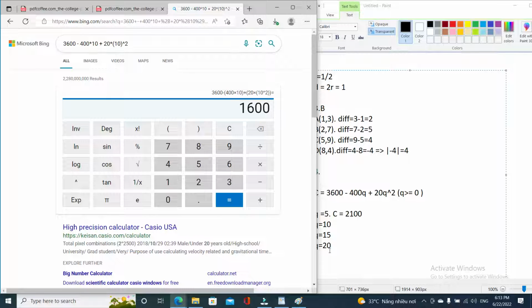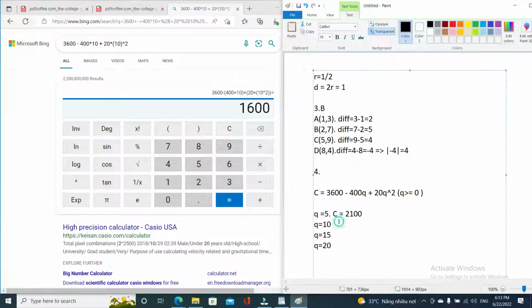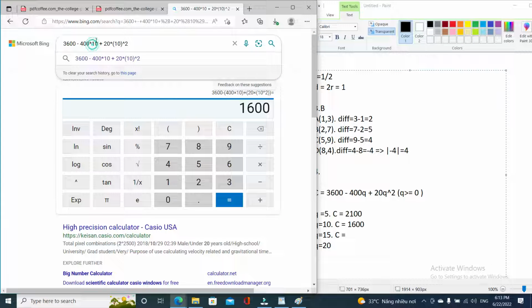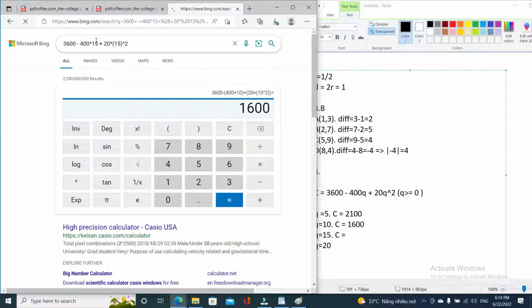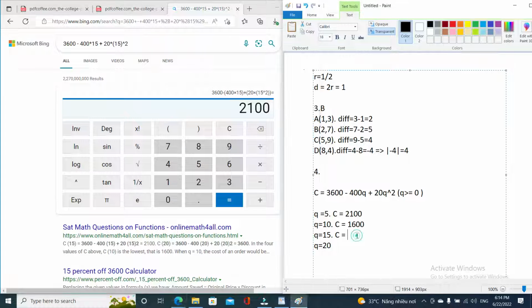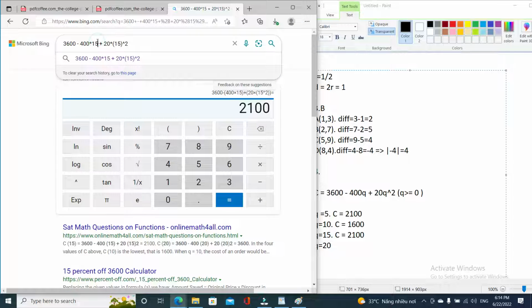I get 1,600. Yes. Then change this to 15 and this to 15 as well, that's 2,100. Okay, so this is going to be the last one, 20 and this also 20.